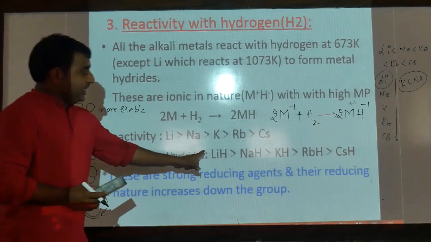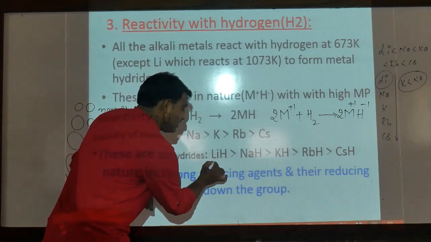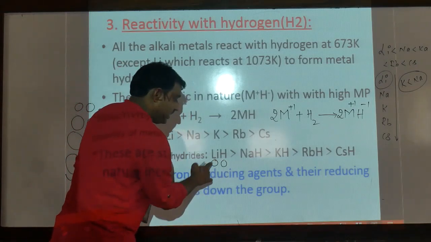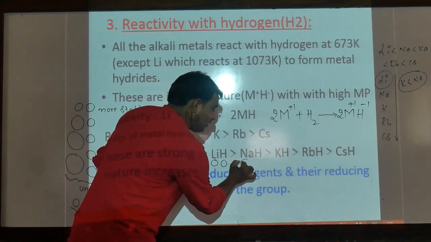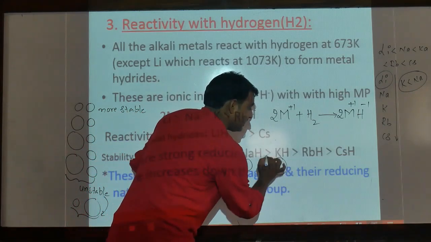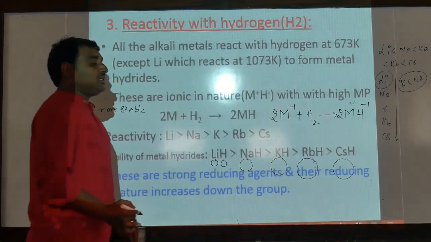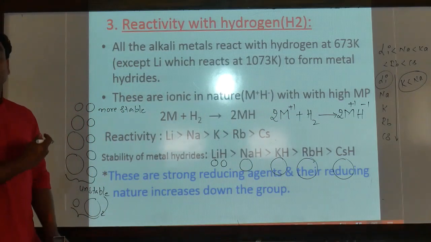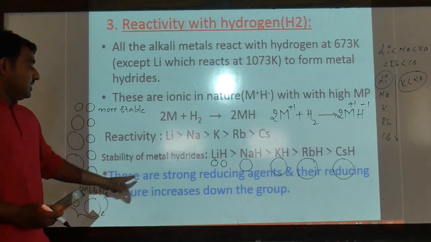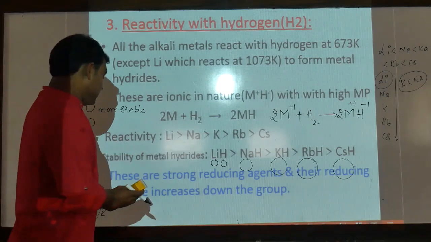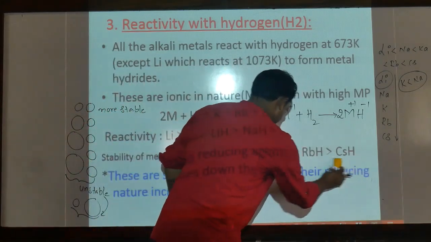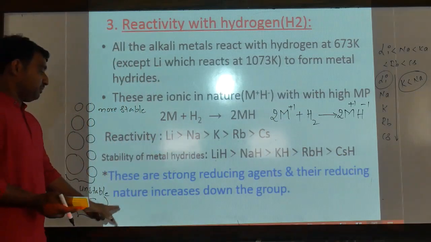Here in lithium hydride, the sizes are almost similar. The metal size keeps increasing. If the metal size increases, the stability of the hydride decreases. These are strong reducing agents and reducing nature increases down the group.